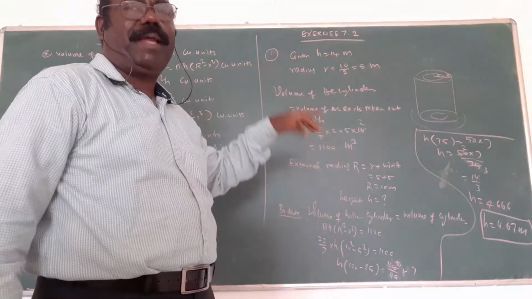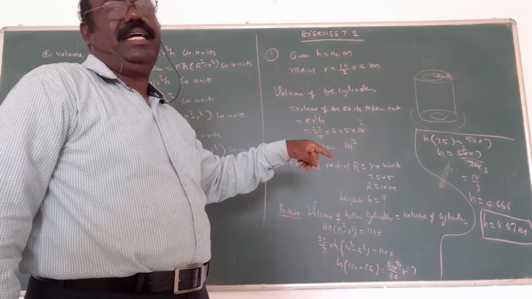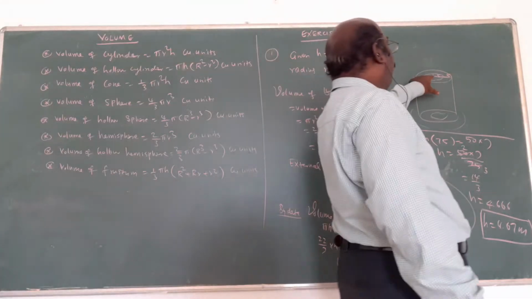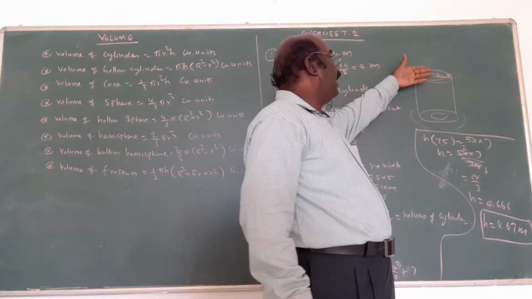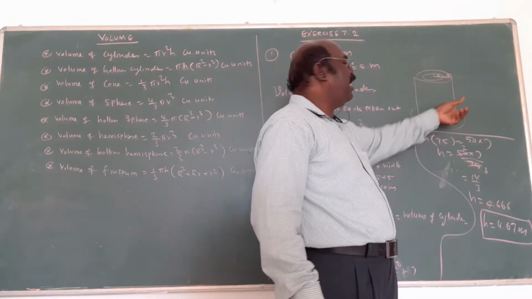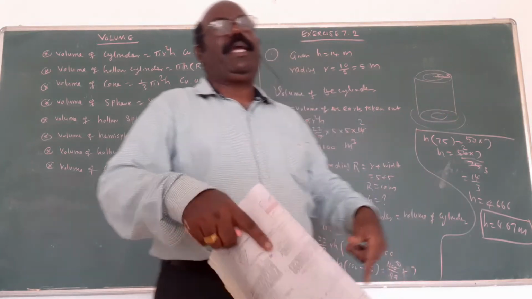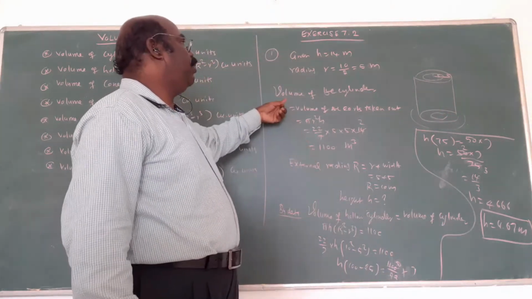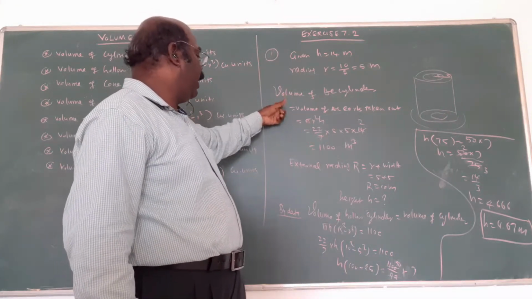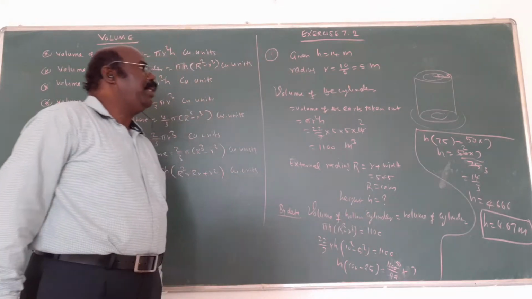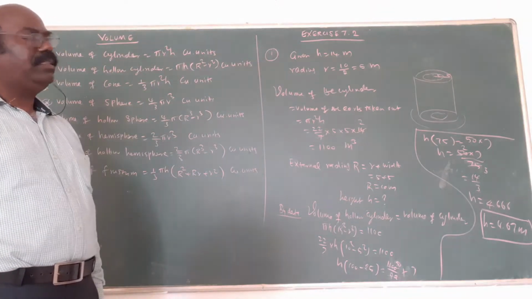That is also in the form of a hollow cylinder. The well inside is the original cylinder, and the earth taken out and spread near the cylindrical well is the hollow cylinder. Therefore, the volume of the original cylinder will always be equal to the volume of the hollow cylinder. From this you will find h. That is the height of the embankment.